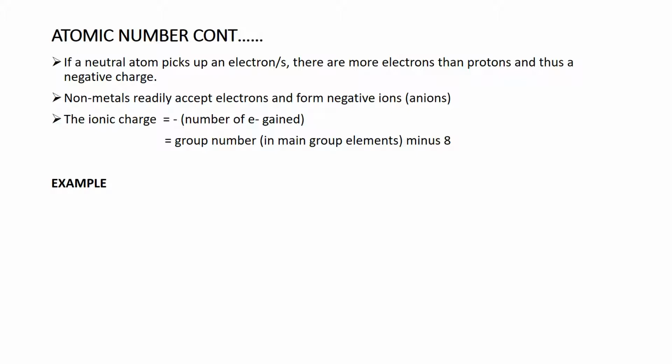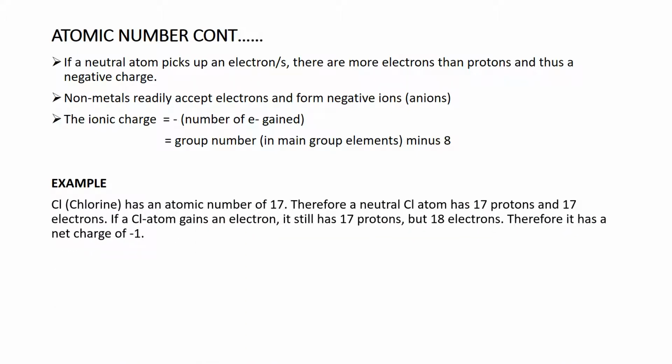An example of this is the chlorine atom. Chlorine has an atomic number of 17, and neutral chlorine has 17 protons and 17 electrons. If chlorine gains an electron, it will have 17 protons but 18 electrons, which makes sense that it will become negatively charged and will have a net charge of negative 1.